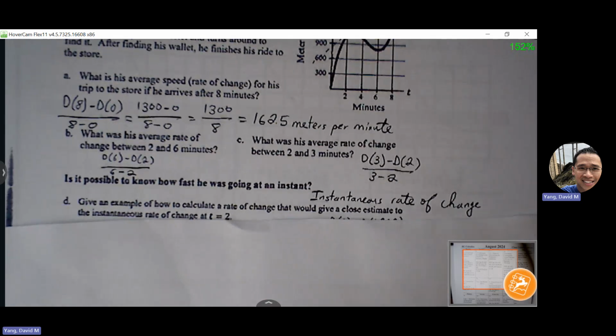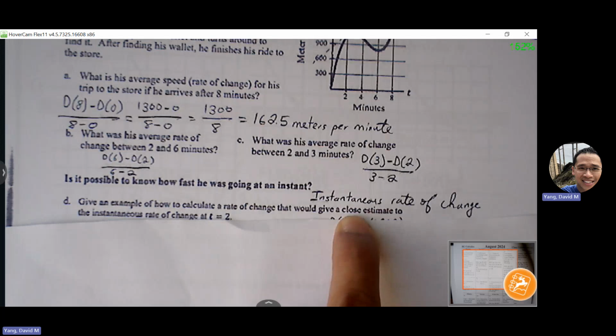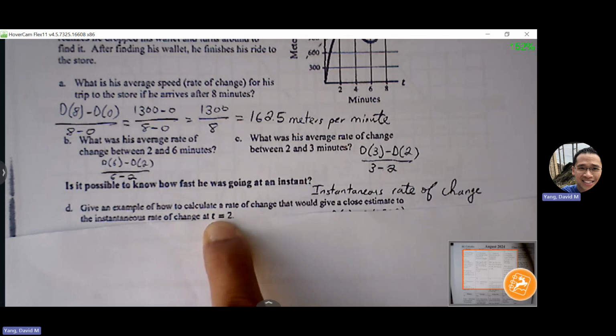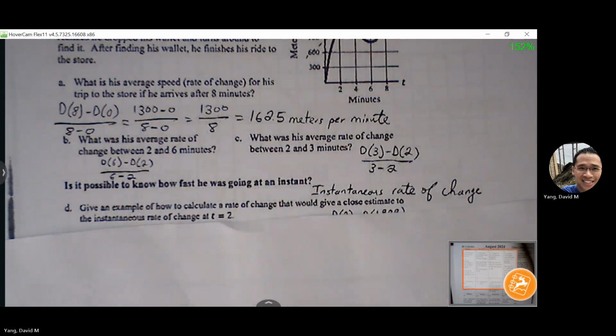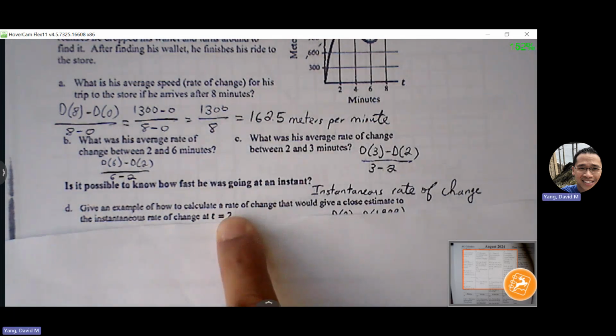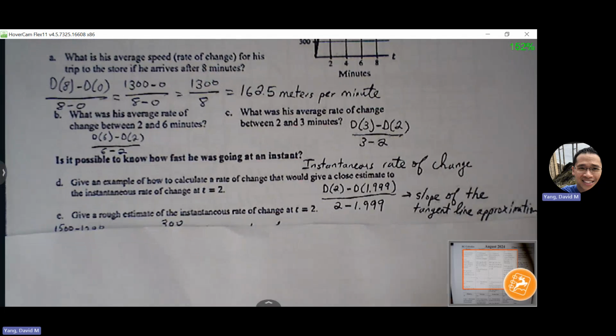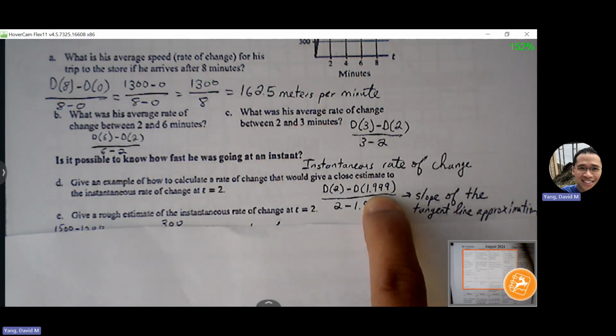But we can find a really close estimation to his instantaneous rate of change, or his speed at 2 minutes, if we just pick 2 points that are what? Yeah, really close, right? Really close to each other and as near to 2 as possible. So here's an example. We can just find his location at 1.999, or even more accurate by adding more decimals.